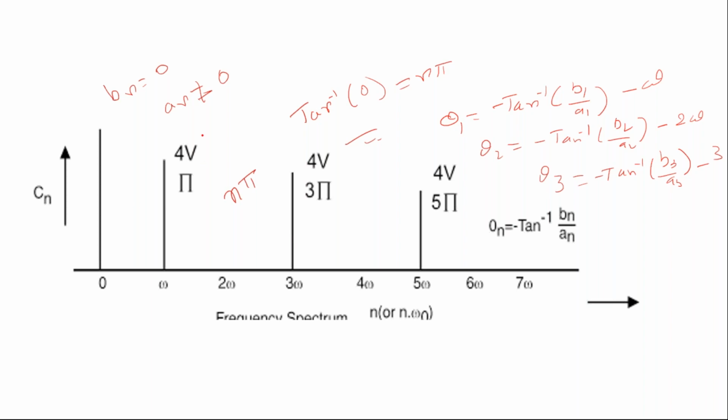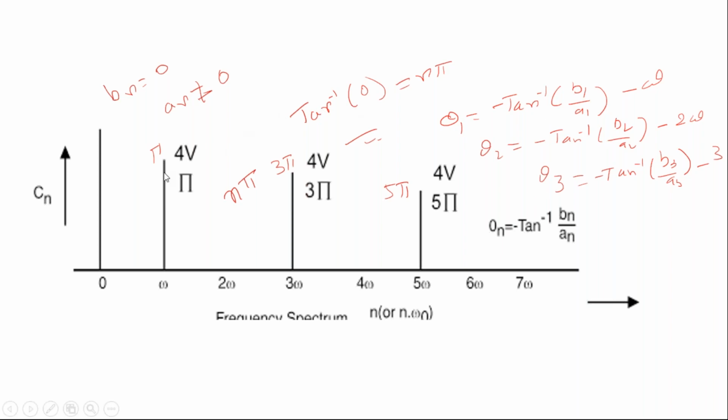Because of that, you get omega, which is n pi: the phase is pi here, 3 pi here, 5 pi here, 7 pi now.